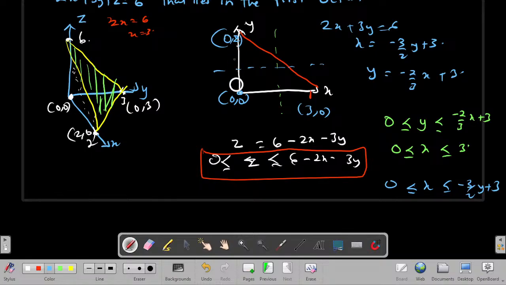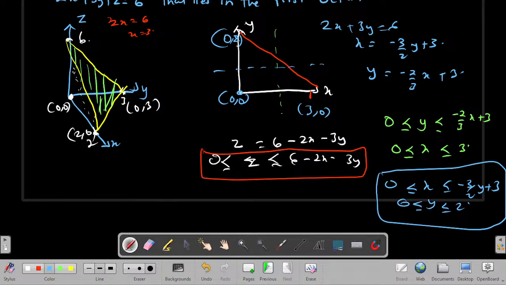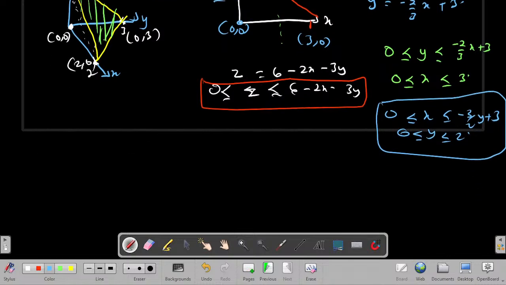And then you take our constant from the y direction. That will be from 0 to 2. So our y will be greater than or equal to 0, but less than or equal to 2. And that gives us the separate boundaries for x, y. Then we just move straight to integrating, as simple as that.